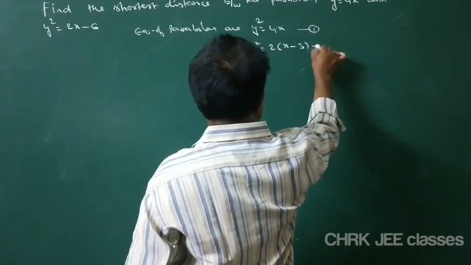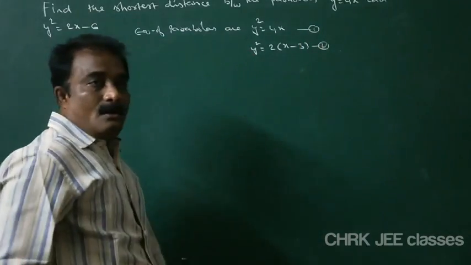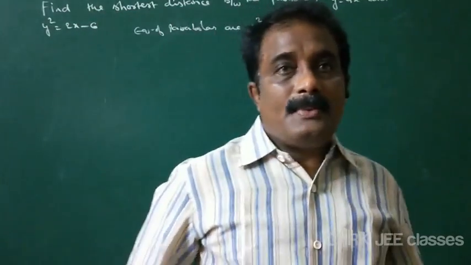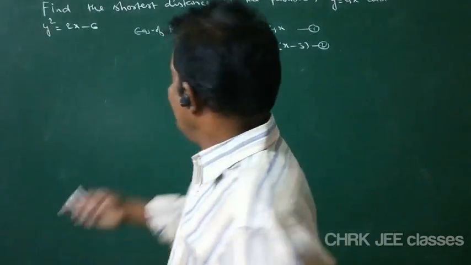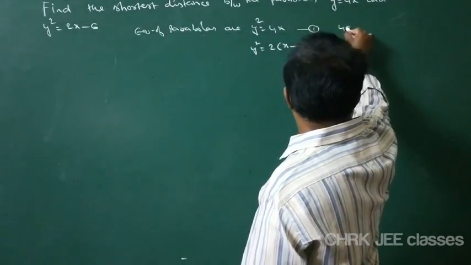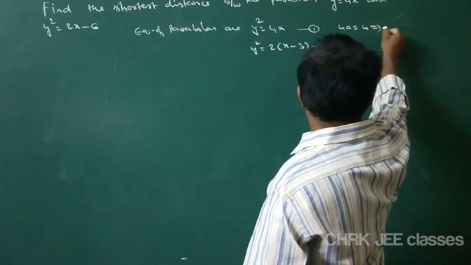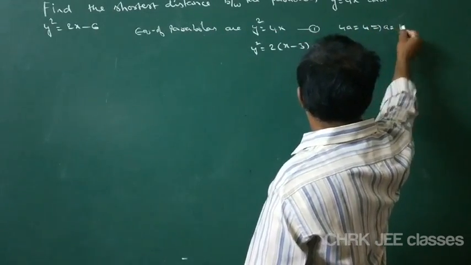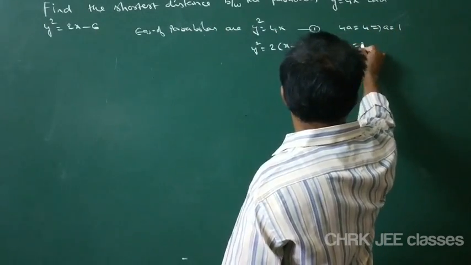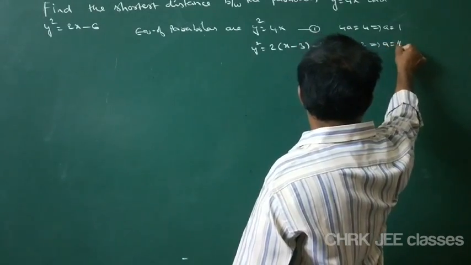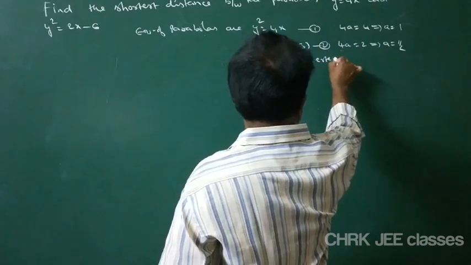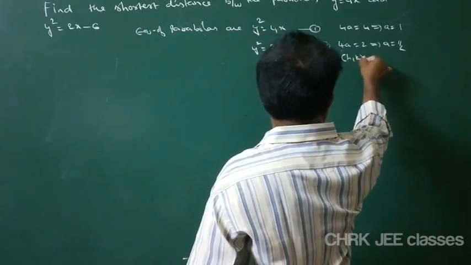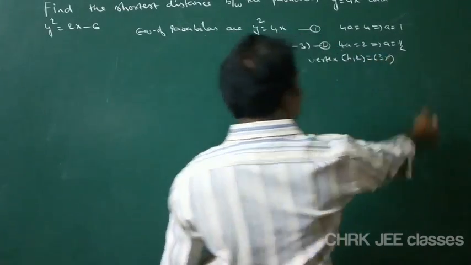Actually, the parabola 1 is in the standard form y square equal to 4ax. Here 4a equal to 4, that implies a equal to 1. Here 4a equal to 2, a equal to 1 by 2. And here vertex (h, k) equal to (3, 0).